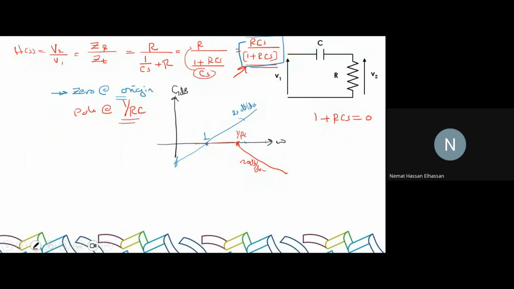فهنا من البداية إلى البوينت 1 over RC، من البداية إلى النقطة دي 1 over RC. The only contribution is the blue line صح؟ So this is the only contribution. And then we get to 1 over RC, what happens? We have the blue line and the red line. The blue line is respective to a zero with 20 decibels per decade increase.